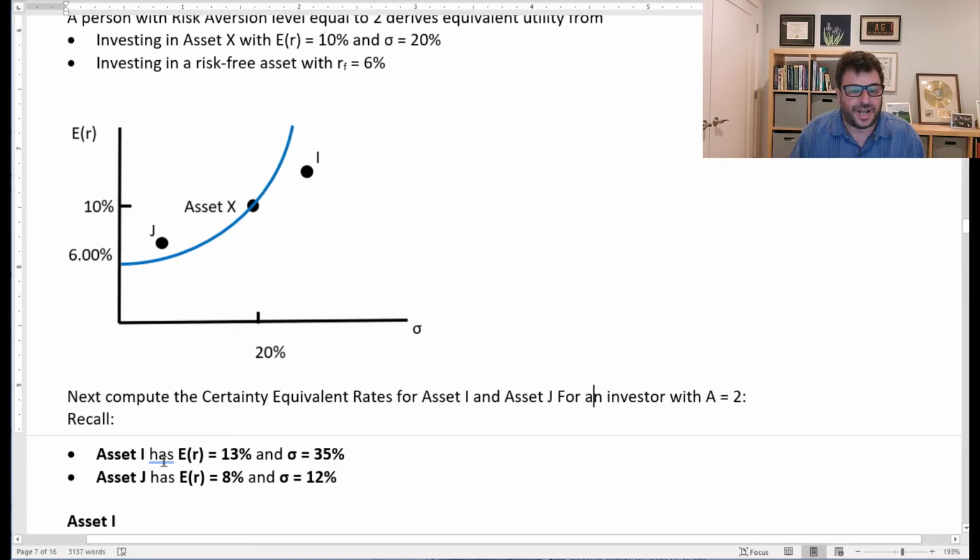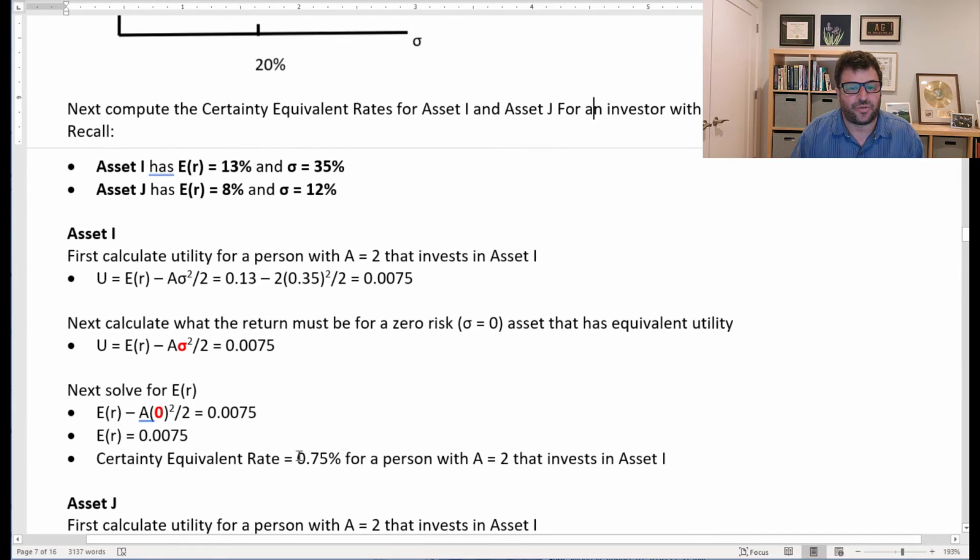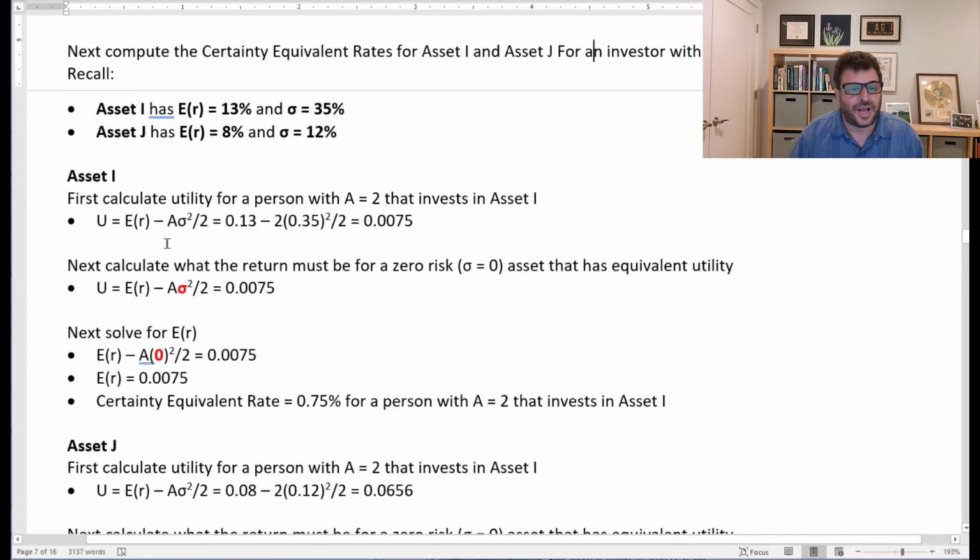Recall that asset I has an expected return of 13% and a risk of 35%. J has an expected return of 8% and a risk of 12%. For asset I, we can calculate the utility for this person. They have a utility of 0.0075, and it turns out that this is also the certainty equivalent rate.